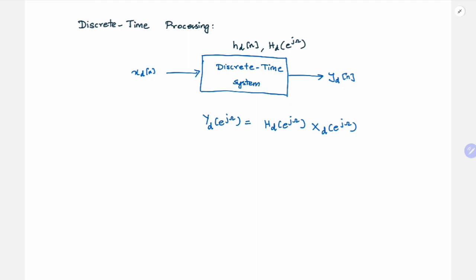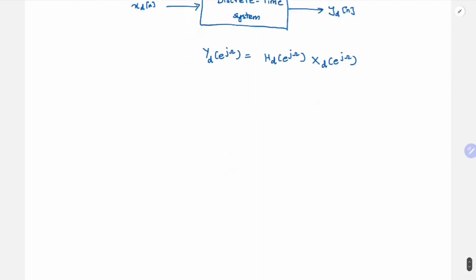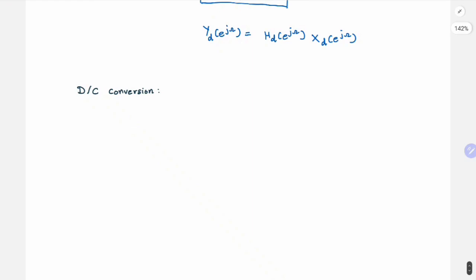So the next step is discrete time to continuous time conversion, or I'll just call it DC conversion. If I have to write it as a block diagram, I have Yd of n as input to this block. Now I have to create an impulse train from this discrete time, just the opposite of what we did.